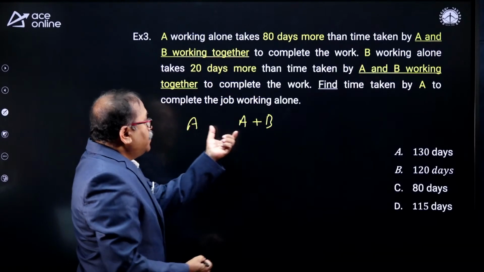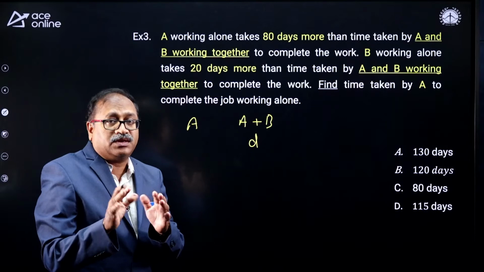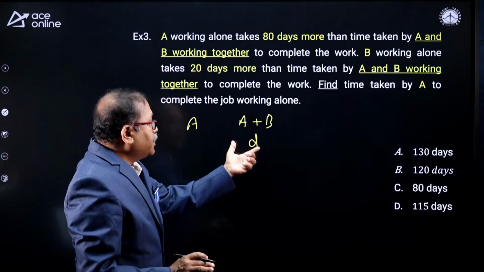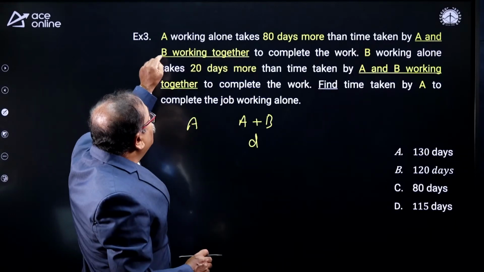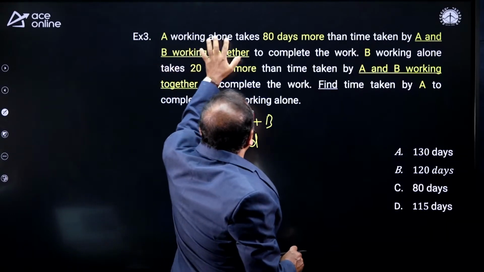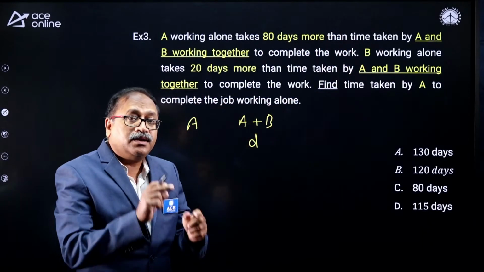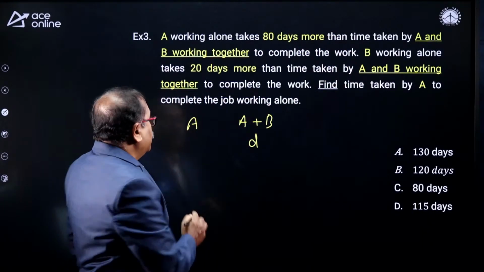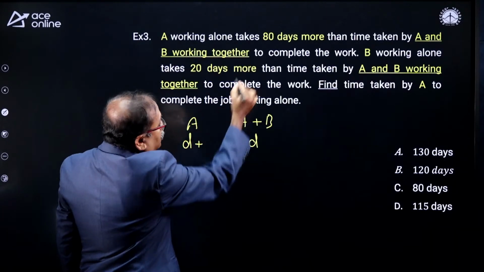If A plus B takes D days to complete the work, I am writing the question, it's not the solution, then how many days will A take? A working alone takes 80 days more than A and B together. That means A must be taking D plus 80 days.